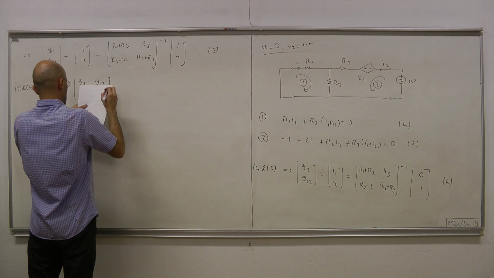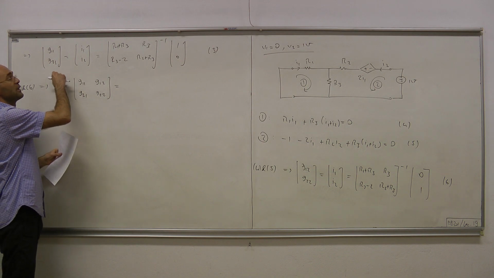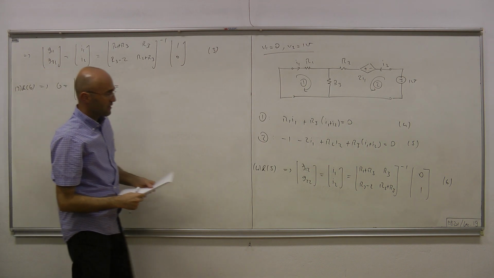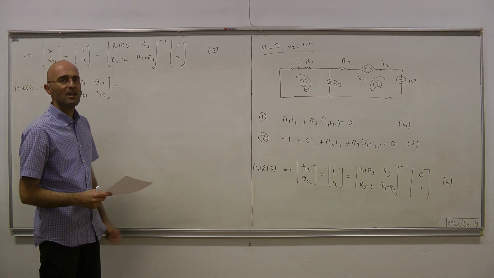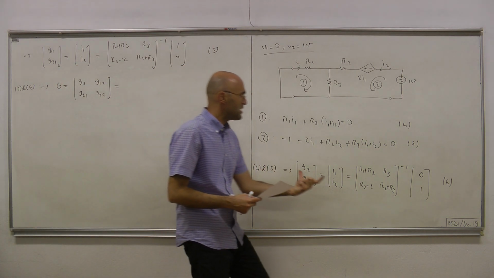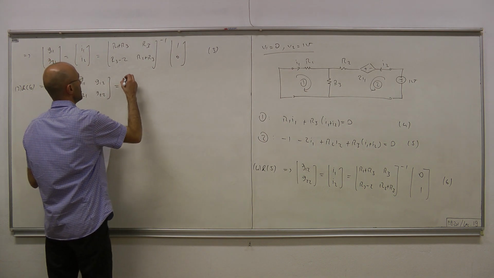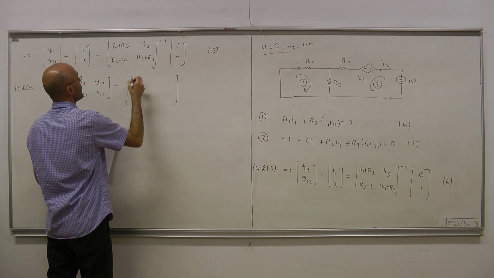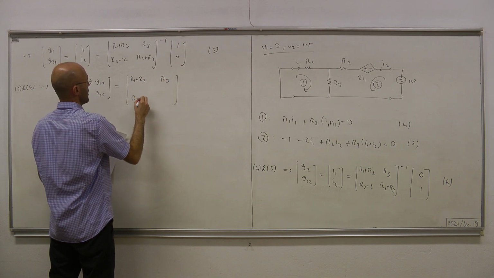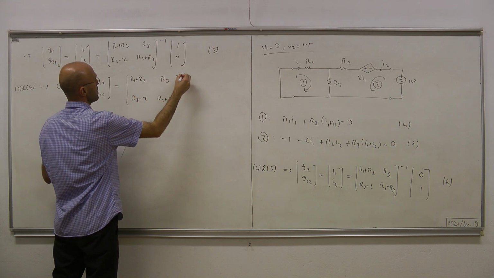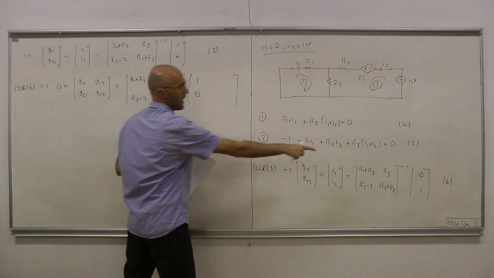The first column comes from equation 3, the second column comes from equation 6. Note that we can combine those two equations into a single equation, because the 2 by 2 matrix that appears is the same in both cases. So R1 plus R3, R3 minus 2, R2 plus R3, inverse. And then we stack the column 1, 0, and the other column 0, 1.